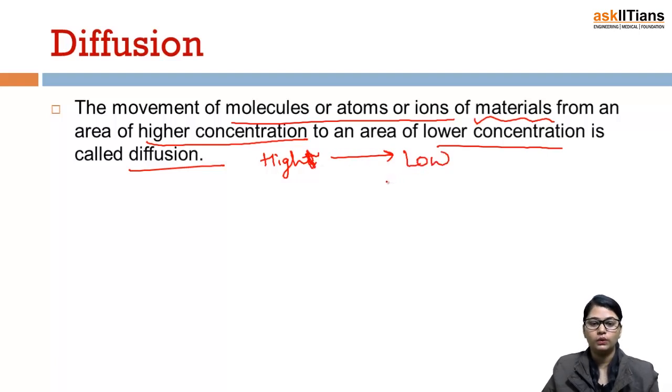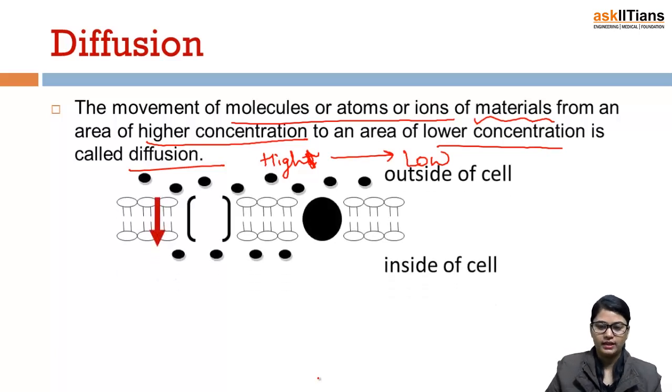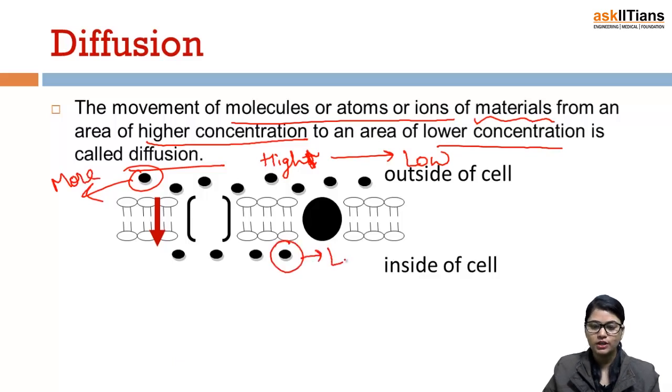The molecules, the atoms, the ions, whatever it is, are moving from an area where they are larger in numbers to an area where they are smaller in numbers, so as to maintain an equilibrium. You can see here in this diagram, outside the cell the concentration of ions is more. Inside the cell, the concentration of ions is less. So the movement will be from higher concentration to the lower concentration.